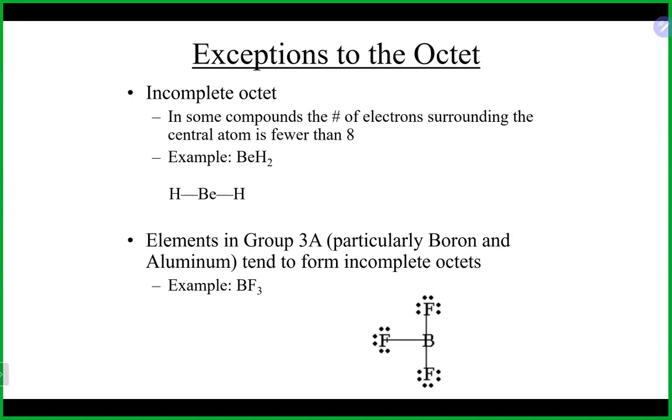And an incomplete octet, much like the name implies, is there are certain things that are perfectly fine with less than 8 electrons. For the most part, that is beryllium, boron, and aluminum. Out of those three, probably the most common incomplete octet is boron.